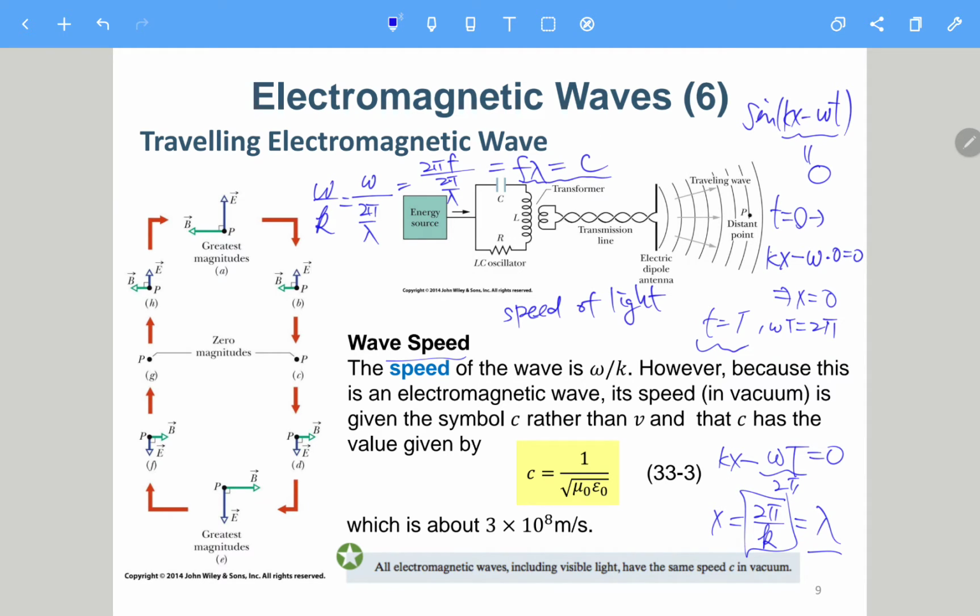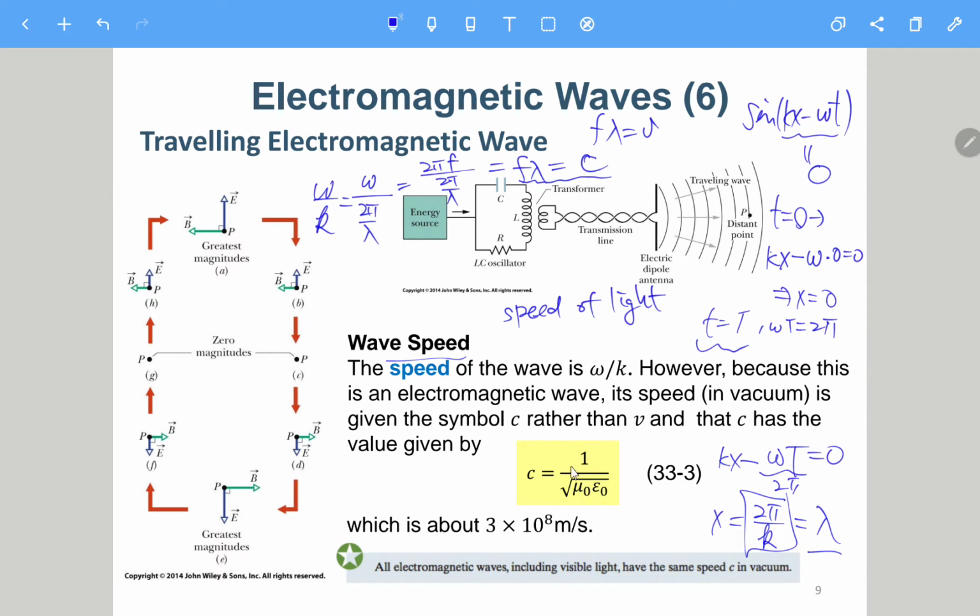But usually for a general wave, f times lambda is v, but here it is an EM wave, so we use c for the speed of light. And actually c is 1 over square root of mu naught epsilon naught.